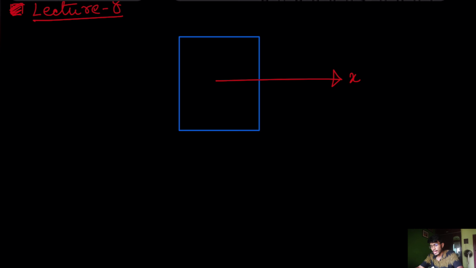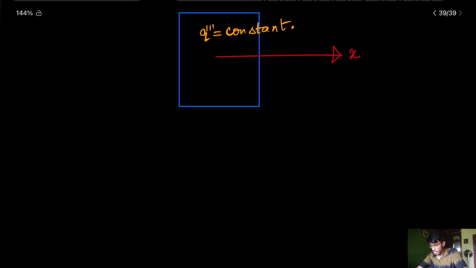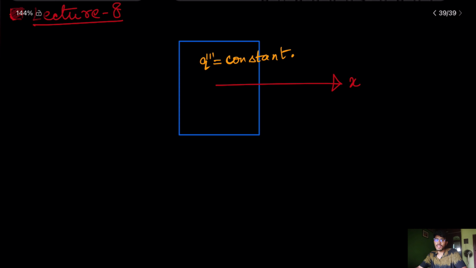And I have a uniform volumetric heat generation rate q triple prime, that is given as a constant. So this is constant throughout the volume. Keep in mind that there is no compulsion that q triple prime should be a constant. It can vary with position, and also it can vary with time according to the practical scenarios.